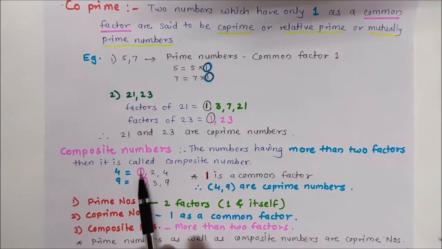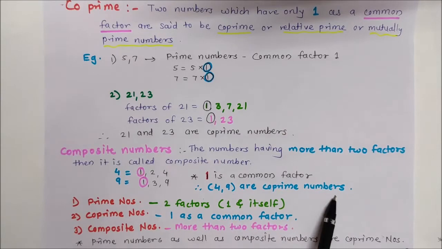Here again we have to check that 1 is the common factor. So when 1 is the common factor, the numbers are called co-prime numbers, which means 4 and 9 are co-prime numbers.